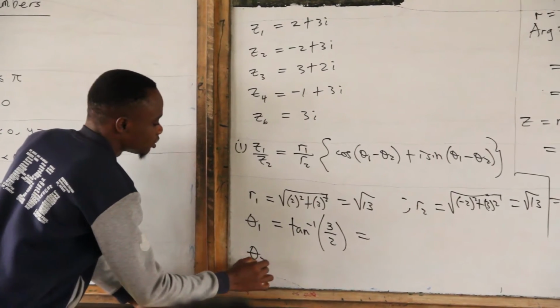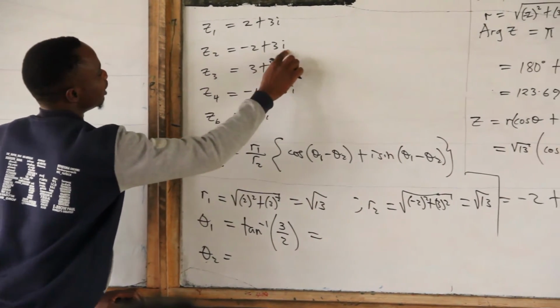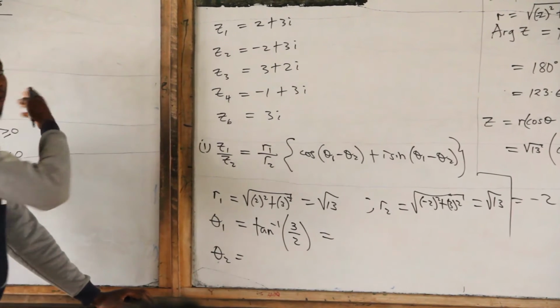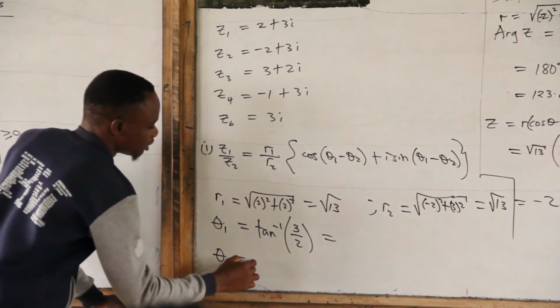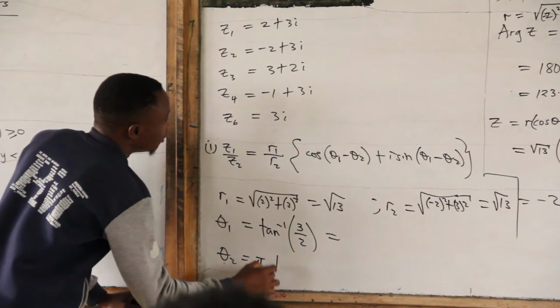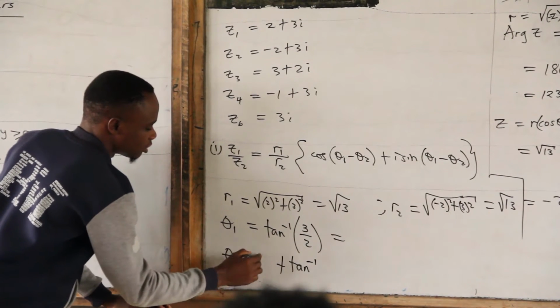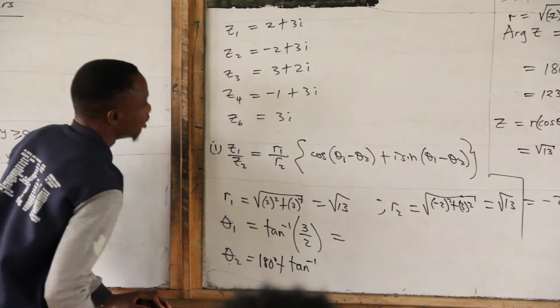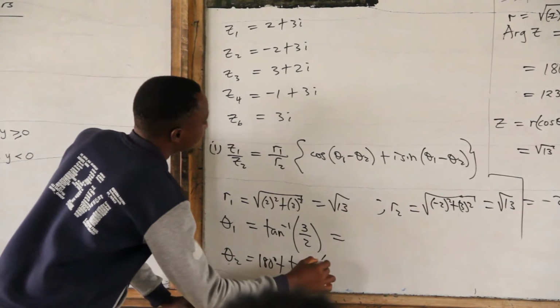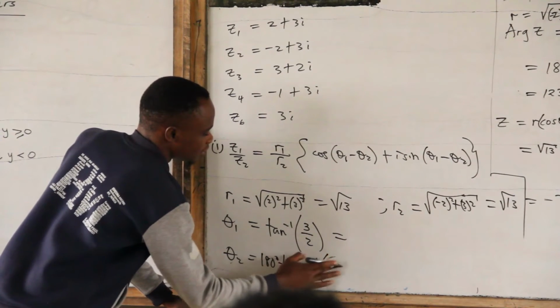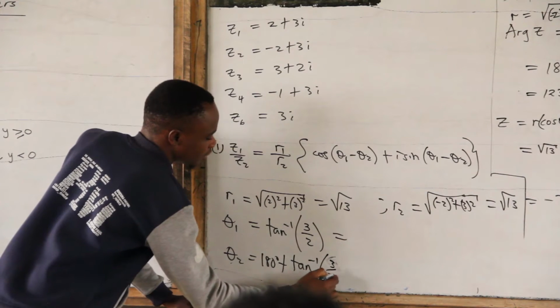Then theta 2 is in which quadrant? It's in the second quadrant. So this is going to be 180 degrees plus tan inverse of minus 3 over minus 2.